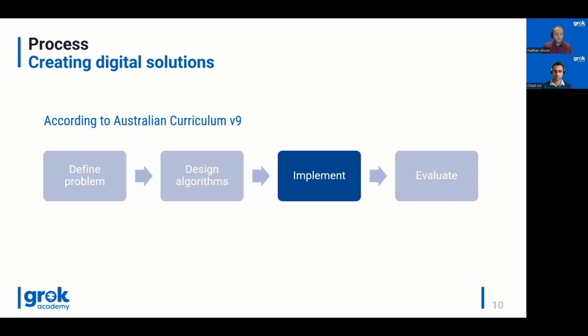Then we implement, and implementing basically means developing it, making the code, actually writing programs that can run on a computer or on a digital device. And then the final stage is to evaluate. And this looks like a flow just from left to right, but of course, design methodologies often have you going back to previous steps again and iterating.